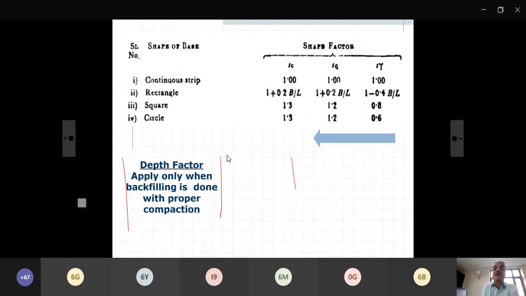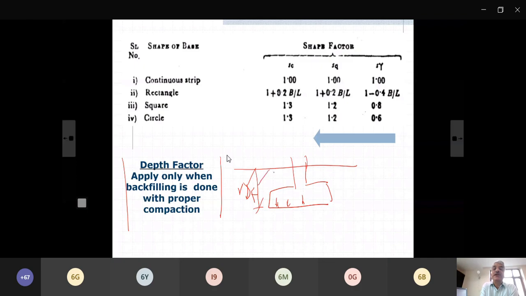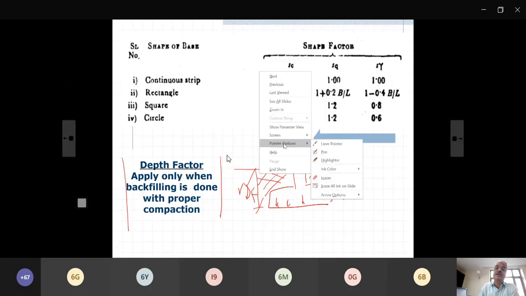If you remember, we have seen the difference between net and gross pressure intensity. While taking net, you deduct gamma times depth of foundation. But it says you deduct that only when backfilling is done with proper compaction. If the soil is loose, you do not get this much advantage. You will lose this advantage. That is what it means.